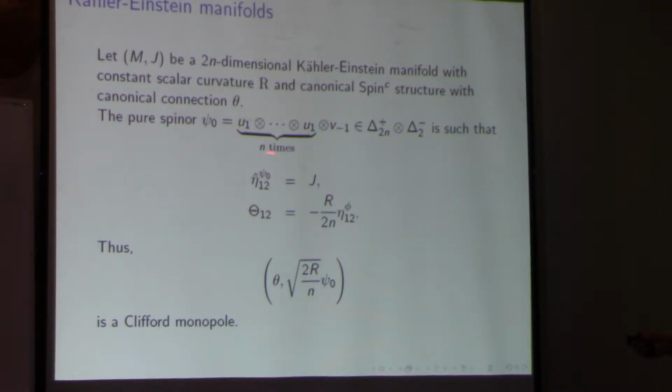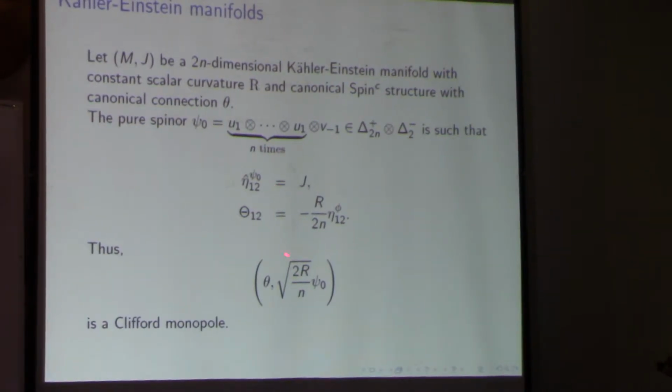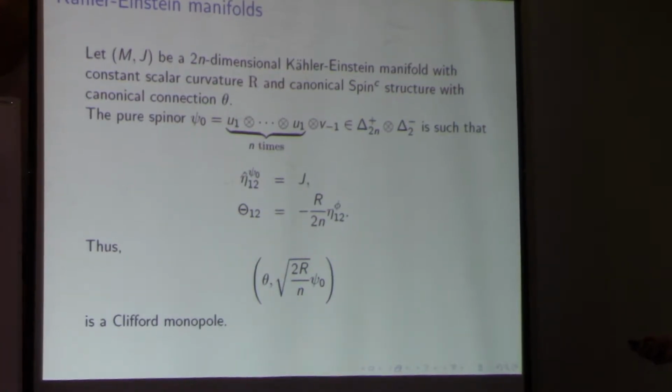You can write this spinor, very explicit, which is pure in the sense that we stipulated. And the endomorphism is a standard J of the -1, 0, -1, 0 in this local frame. And the curvature form of the canonical connection satisfies this very identity. If I normalize the spinor in this fashion, what I have is a solution to the Clifford Monopole equations. Okay?